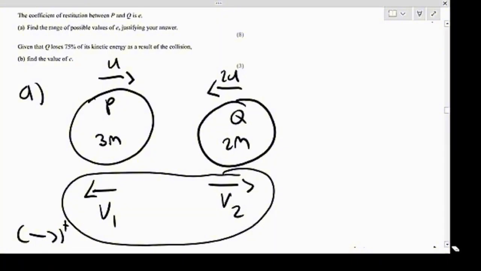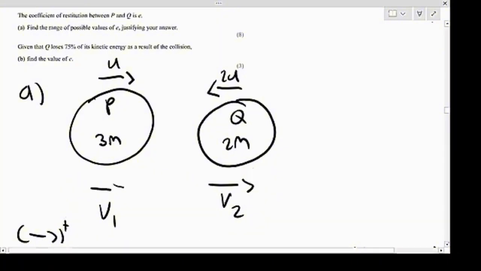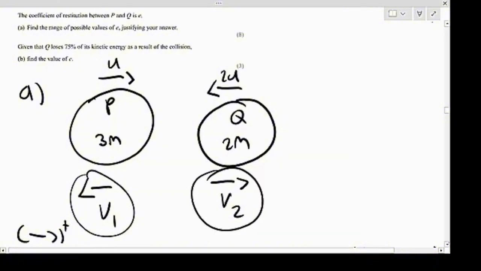Obviously if it was the other way around, moving towards each other, that would make no sense. They have to separate, they have to split apart. So the directions we have taken for V1 and V2 must be true. So V1 must be backwards and V2 must be forwards.